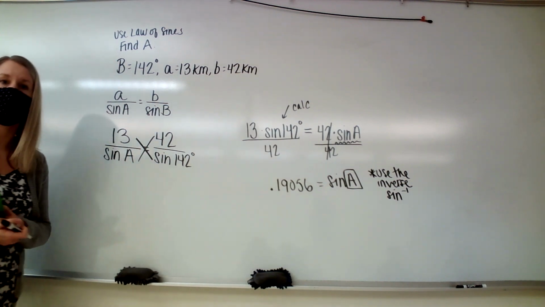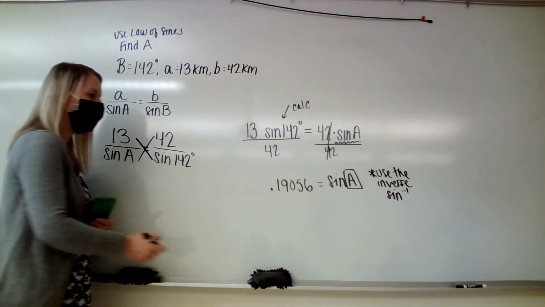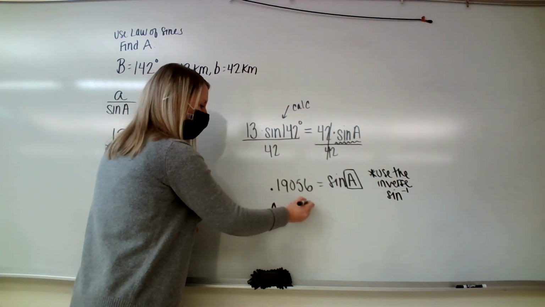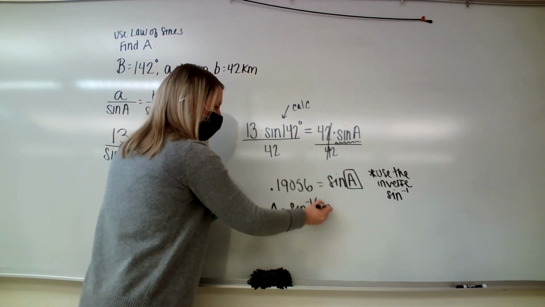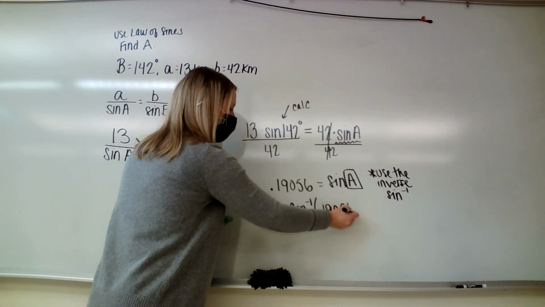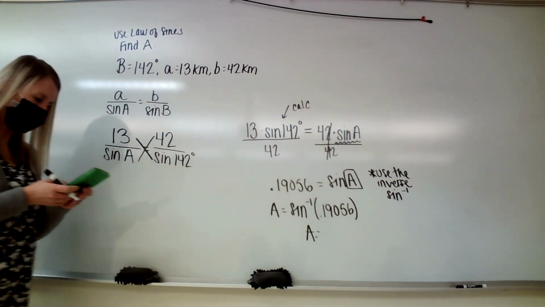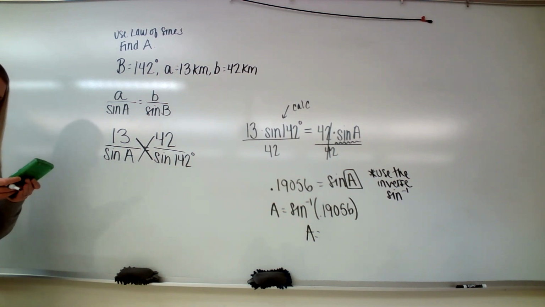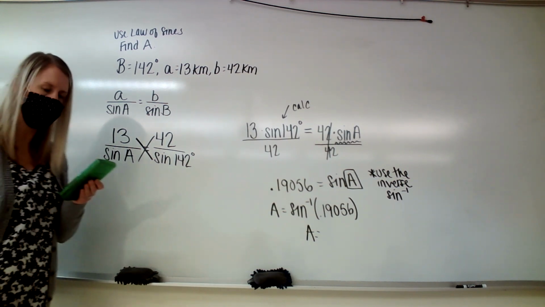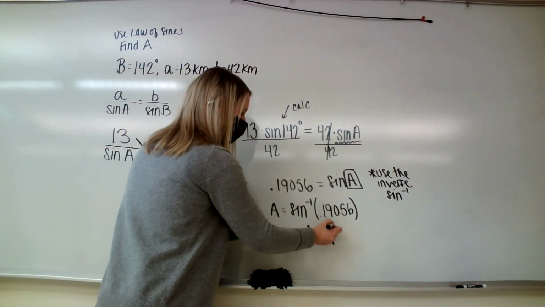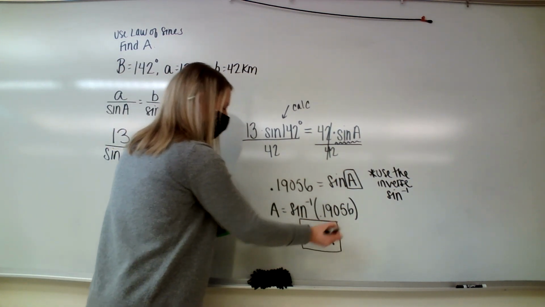That helps you find an angle. So to find angle A, we're going to do the inverse sine of 0.19056. And that will give us our good old answer here. And it comes out to 10.98. I'm just going to round it to 11. And since it's an angle, there is a degree.